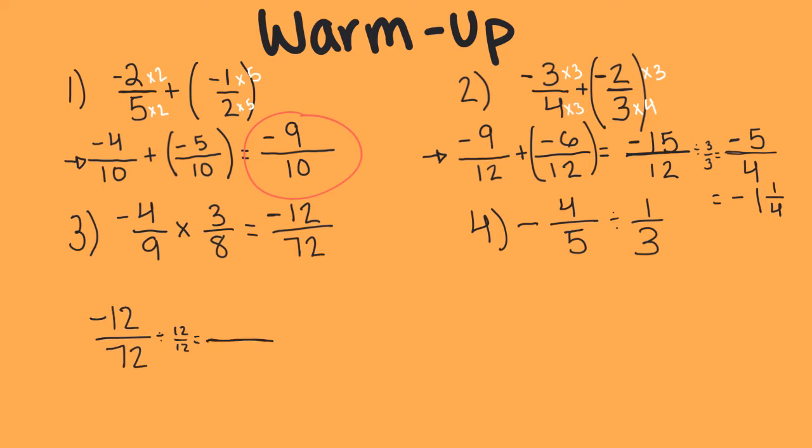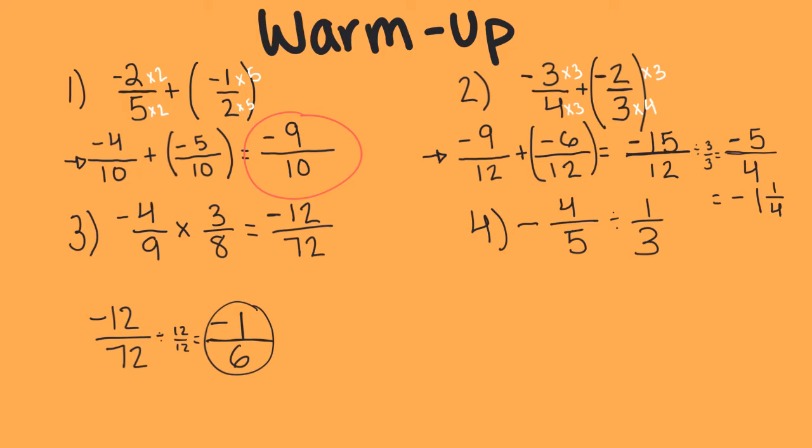A negative divided by a positive is going to give me a negative. And we know that negative 12 divided by 12 is going to give us negative 1. Then I have 72 divided by 12, and that's going to give me 6. So the answer for number 3 is negative 1/6.